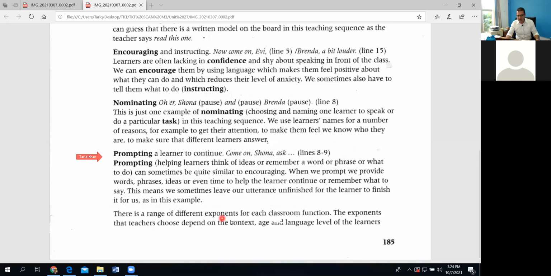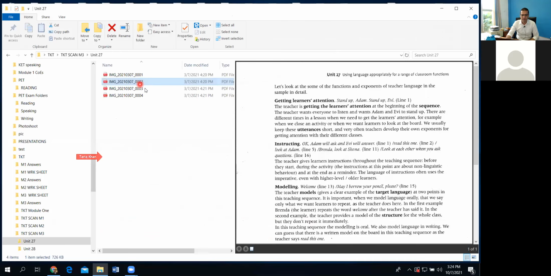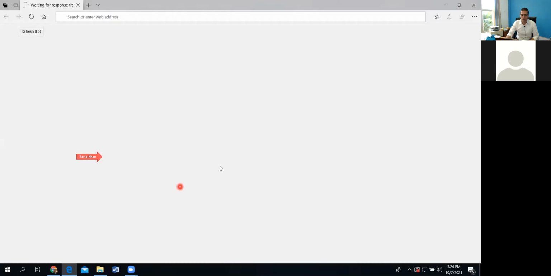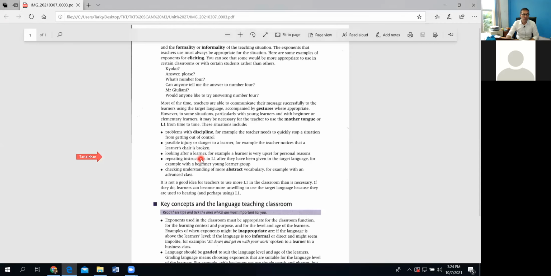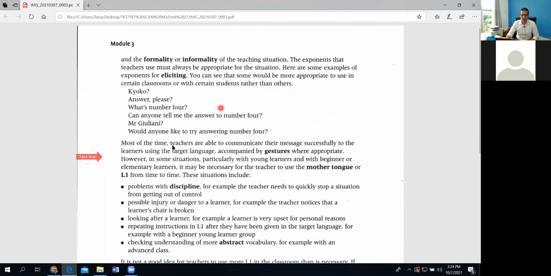There is a range of different exponents for each classroom function. The exponents that teachers choose depend on the context, age, and language level of the learners, and the formality or informality of the teaching situation.